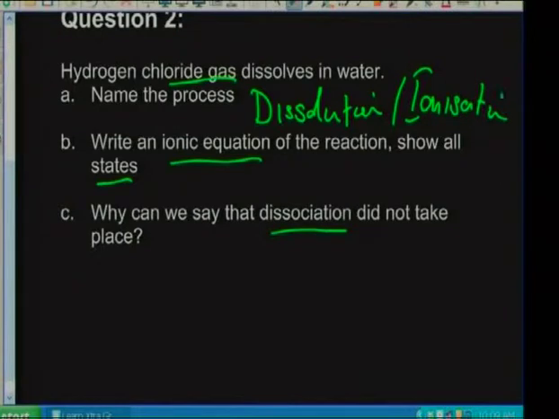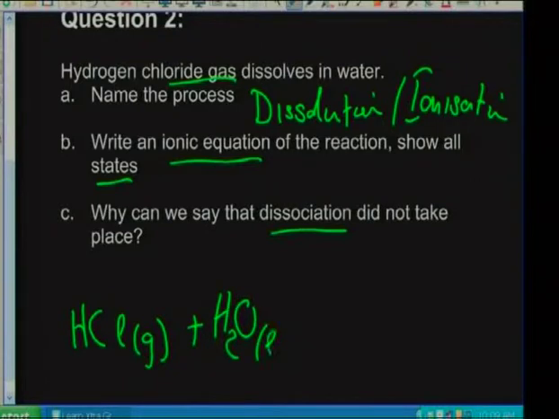We'll show you why that's the case by writing the ionic equation. We say that we've got HCl gas, and we've added it to liquid water, and it's going to form these ions.